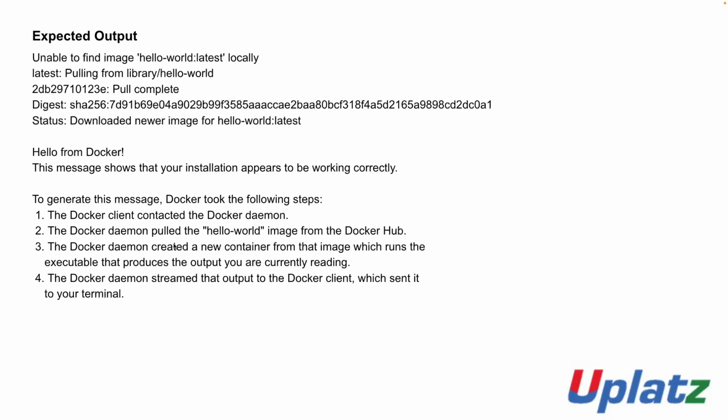The Docker daemon pulled the hello-world image from the Docker Hub. The Docker daemon created a new container from the image, which runs the executable that produces the output you are currently reading. The Docker daemon streamed that output to the Docker client, which sent it to your terminal.